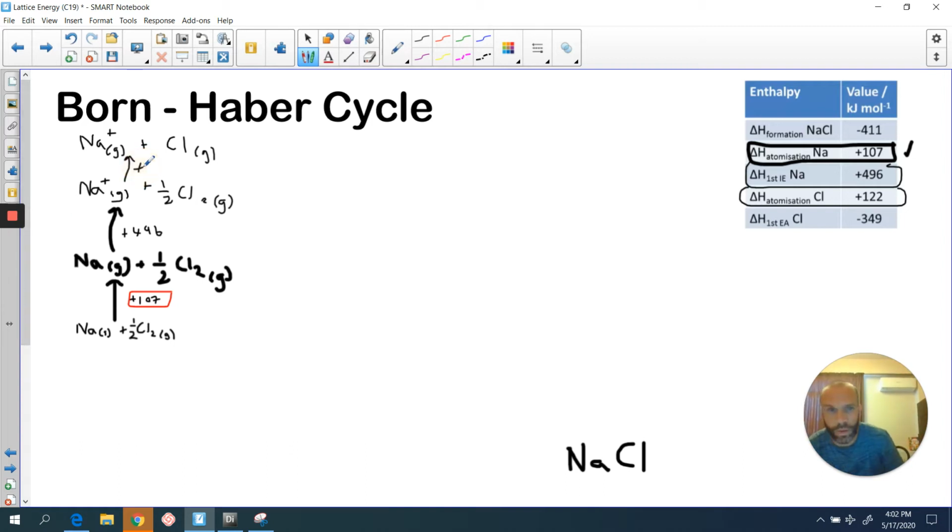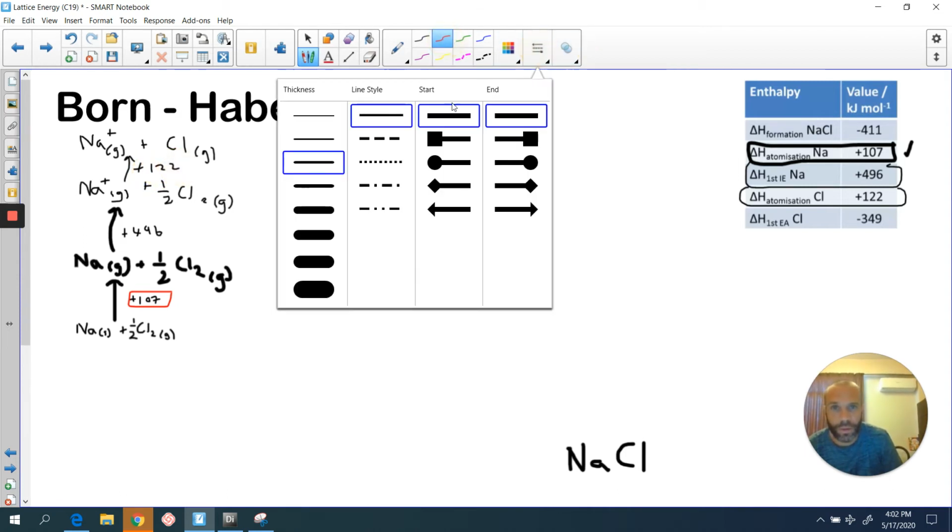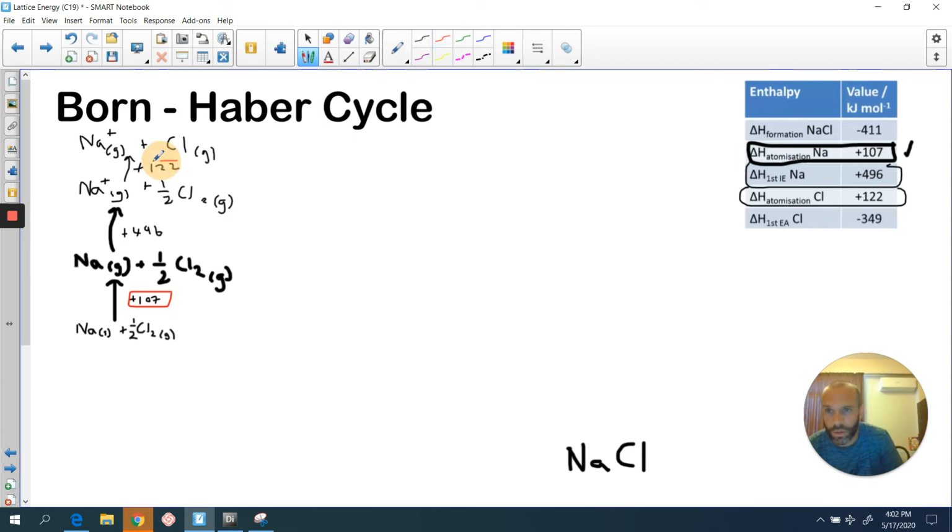And the value going in is plus 122. Let's just make sure I've got my enthalpy values circled in red so we know what's going on. Now those are all endothermic processes from our starting point.